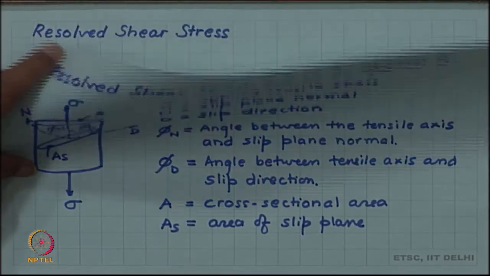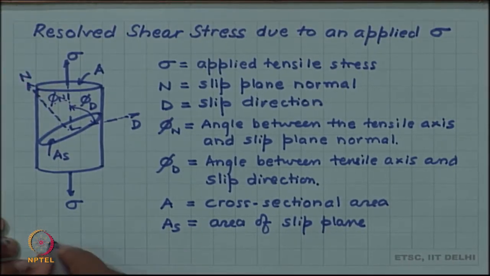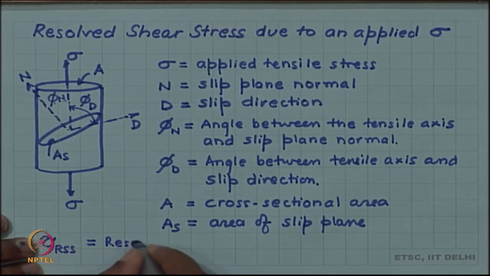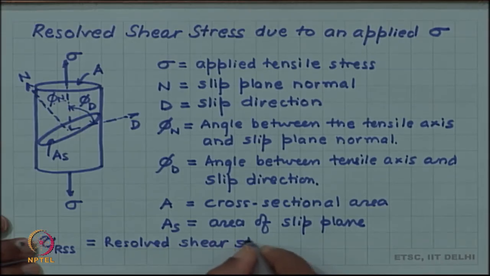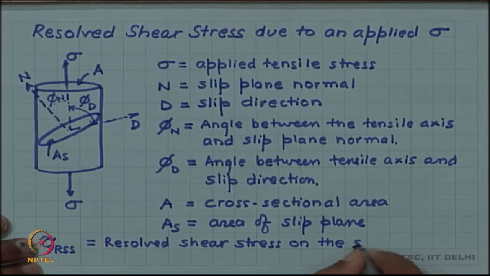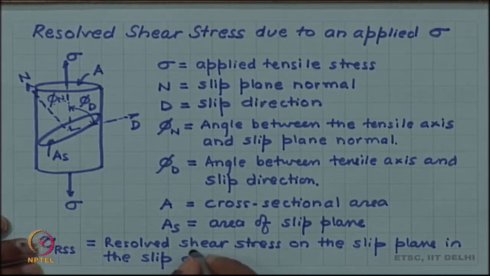With these variables we can now try to find the resolved shear stress. So, tau RSS is the resolved shear stress on the slip plane in the slip direction.